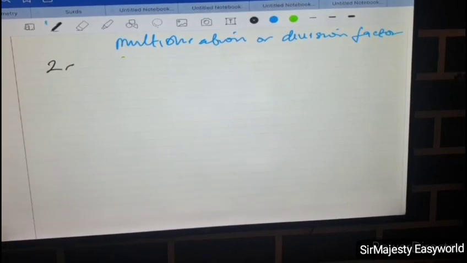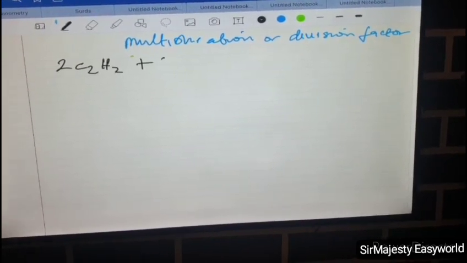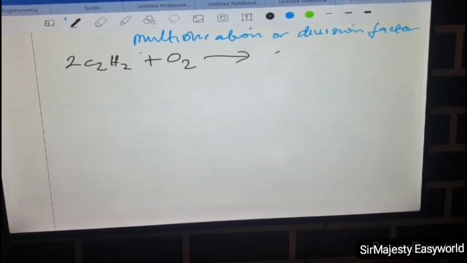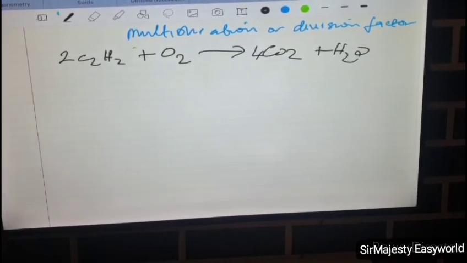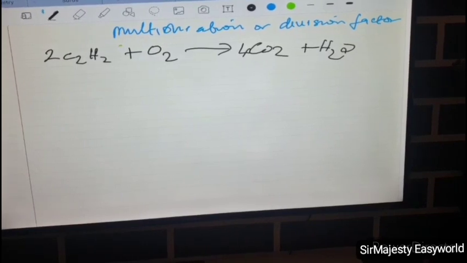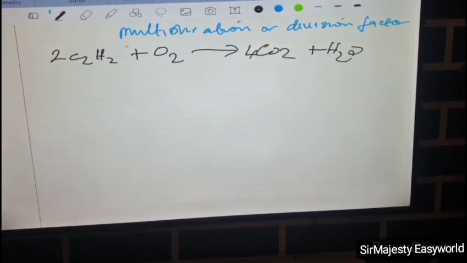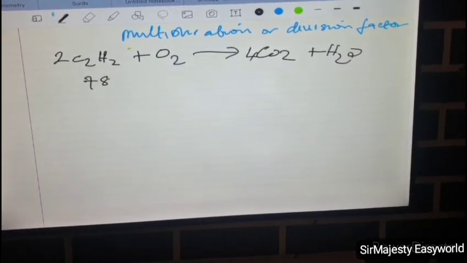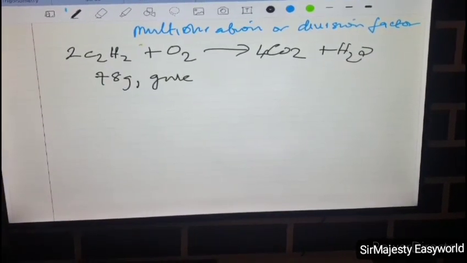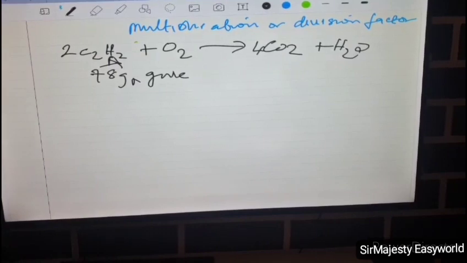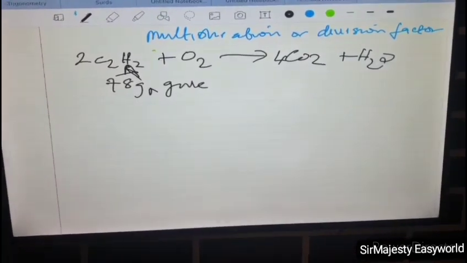So we have 2C2H2 plus O2 to give you CO2 plus H2O. Our interest is only here and here, and therefore they are asking us from the question. They said that 78 grams of this was given. That's ethyne, asking us for this.